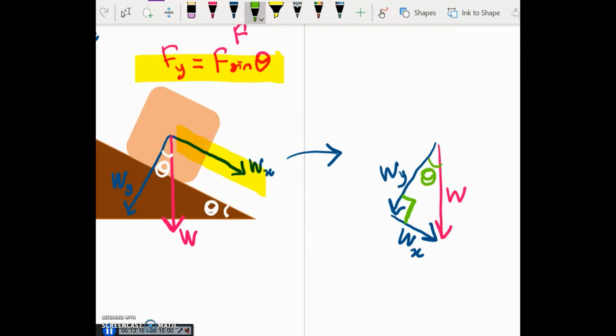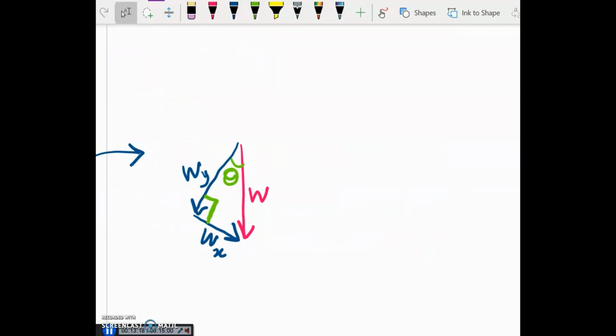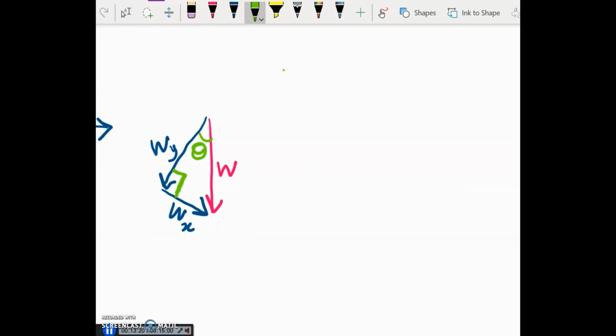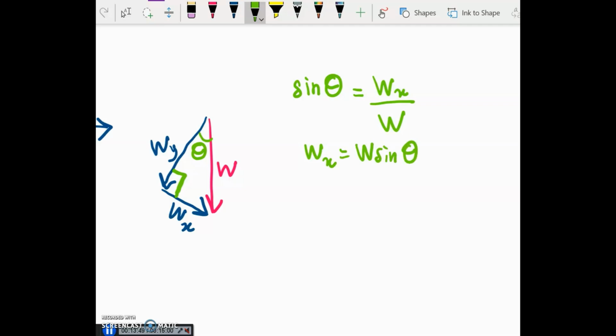Theta. Now you must find Wx and Wy in terms of theta. If you are not sure whether to use sin or cos, just derive both. Let's say you want to use sin first. Sin theta is equal to opposite, so the component opposite to it is Wx over hypotenuse, which is W. So Wx is W sin theta.